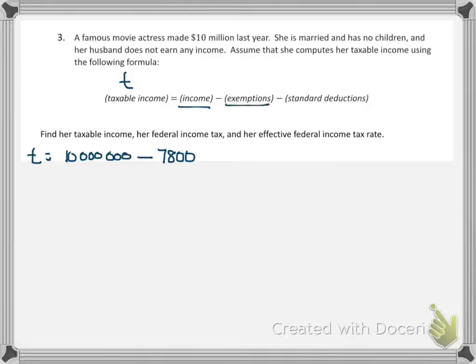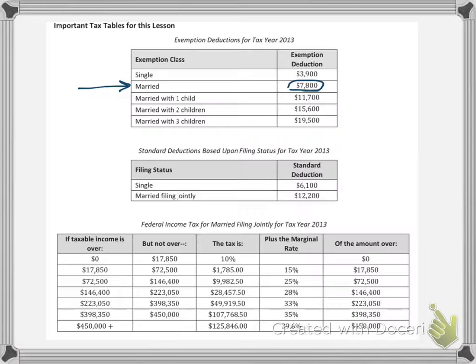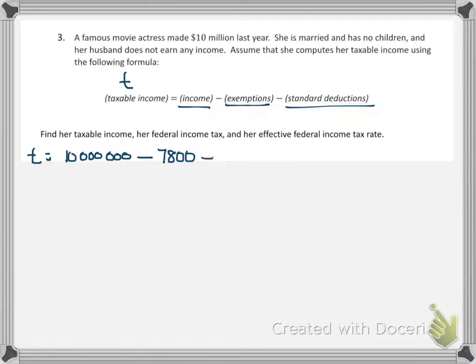That's the exemptions. Then I need to take away the standard deduction. The standard deduction for married filing jointly is $12,200, so I'm going to subtract that away, minus $12,200.